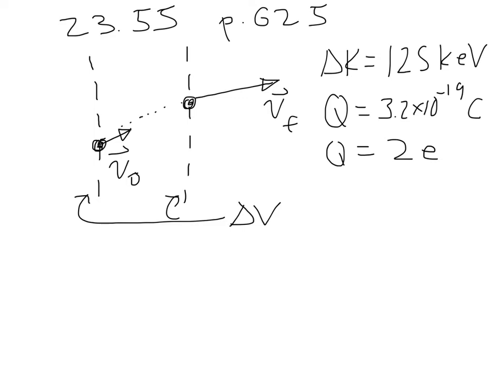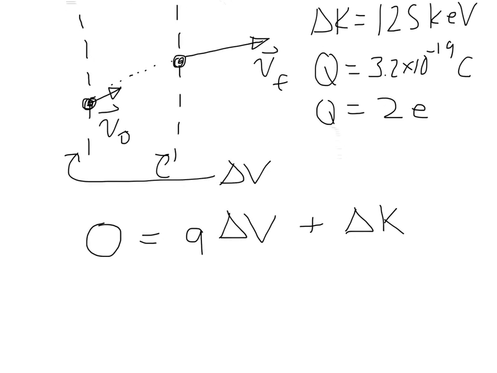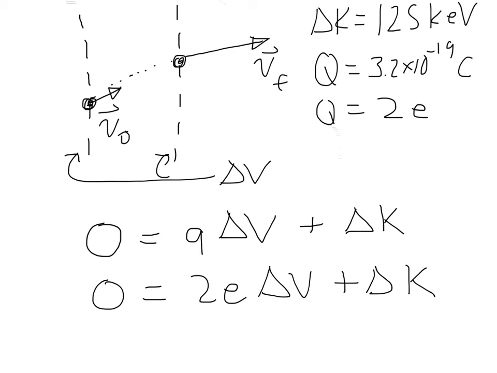This is a conservation of energy problem because there are no external forces on the proton. That means I can write out the conservation of energy. Delta E should be equal to 0, and the change in energy is going to be the change in electric potential energy, which we know is Q delta V, plus the change in kinetic energy. That's the general formula. In this specific case, Q is 2e, and we've got 2e delta V plus delta K. This equation, by the way, is right from the earlier lecture that I posted.